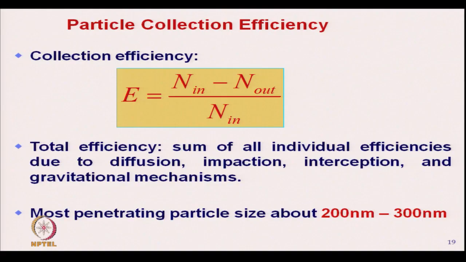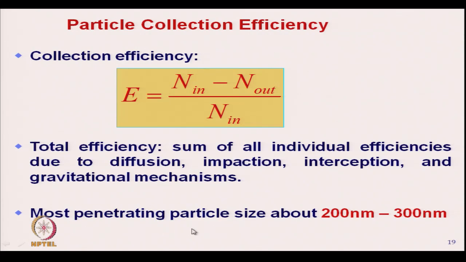So, collection efficiency is N in minus N out by N in. Total efficiency is the sum of all individual efficiencies due to diffusion, impaction, interception and gravitational mechanism. So, this efficiency includes all the mechanisms.